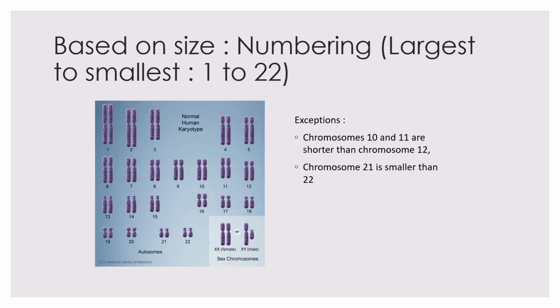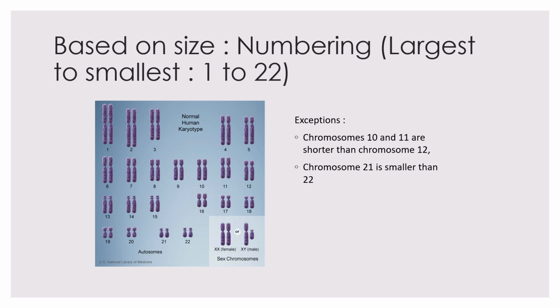Now, usually based on the size, if you observe, chromosome 1 in this picture is the biggest, and chromosome 22 looks like it's the smallest, right? Based on the size, you can say chromosomes are numbered from the largest to the smallest, 1 to 22.